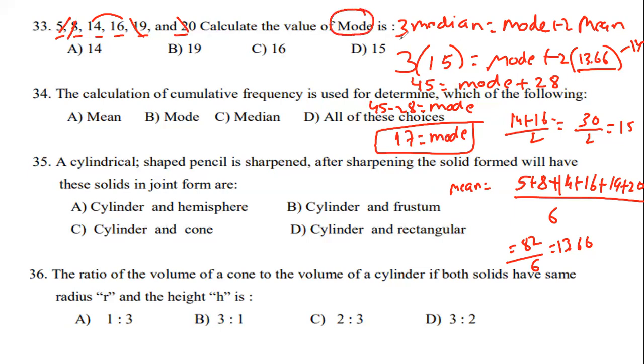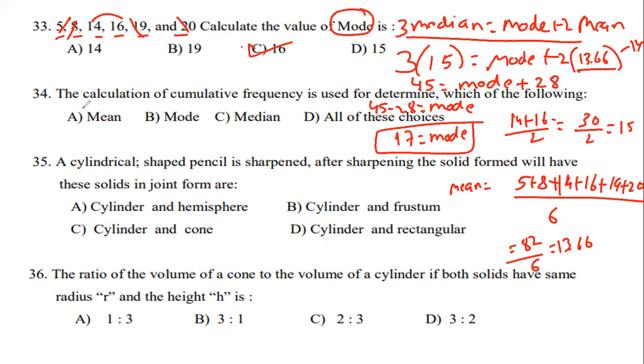If they ask to find the mode, use this method and find the mode. Okay, but the option is not there because 17 is the mode. So I think the addition everything is correct. 13.66. Or else if you consider this one as 13, we'll get 16. Okay, choose the nearest one, 16. So option C is the correct answer.